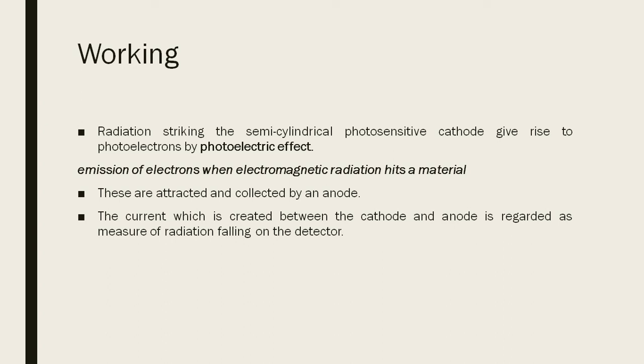Let us have a look at the term photoelectric effect. It is the emission of electrons when electromagnetic radiation hits a material. So these electrons are attracted and collected by the anode, and this will give rise to the current, which can be measured by the detector.